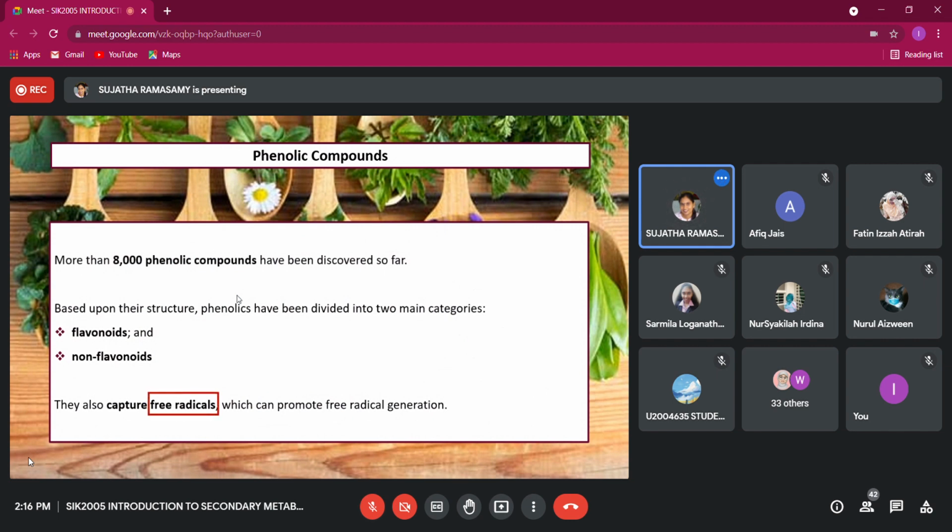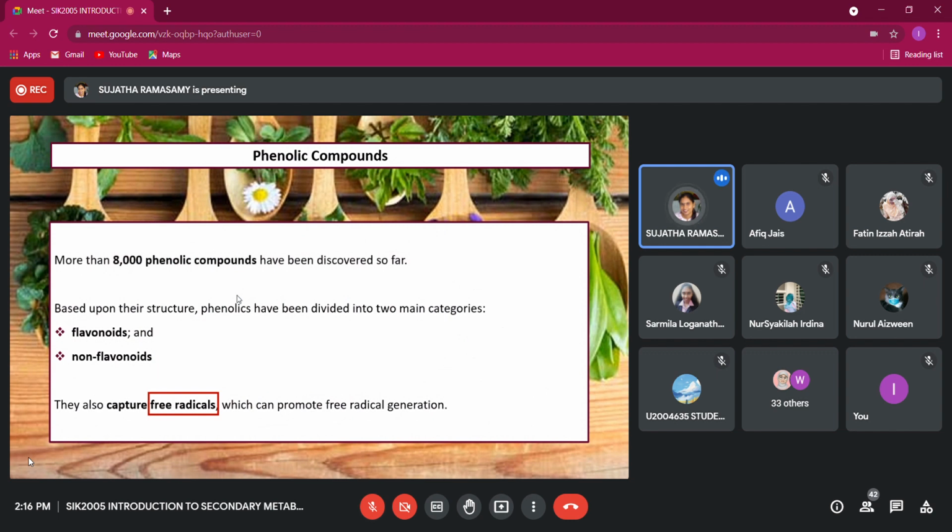Okay, I have to brief to you a little bit on free radicals. Why? Because in next topic, you will come across numbers of compound which can capture free radicals, and this compound is known as antioxidant. And these antioxidant compound are related with other biological activity, example like anti-cancer, anti-inflammatory, wound healing.